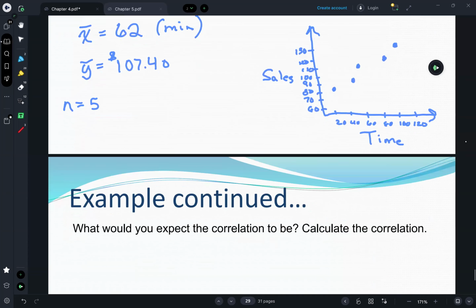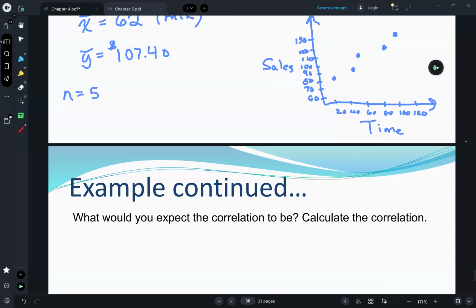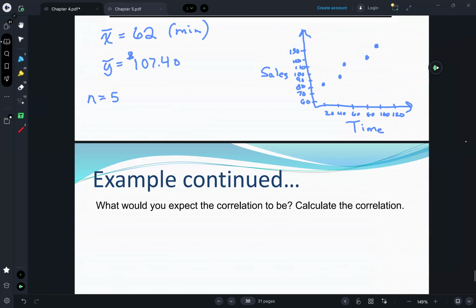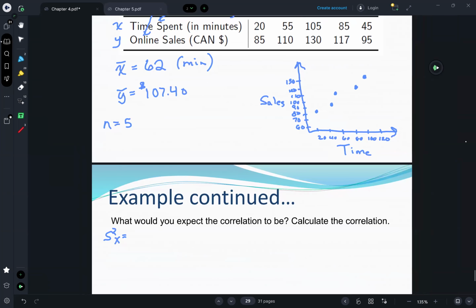Okay, and from there we can calculate the correlation, but we need two more quantities. We need to calculate the standard deviation of the x, but we'll start with the variance of the x. And so for every point in the data set there, I'm just going to try and show both here.